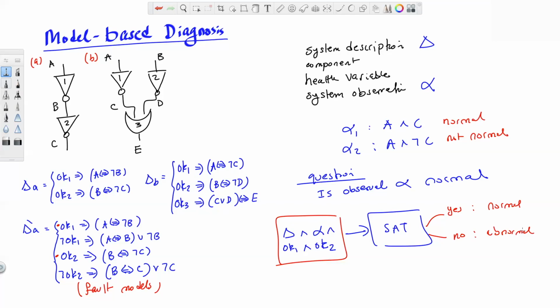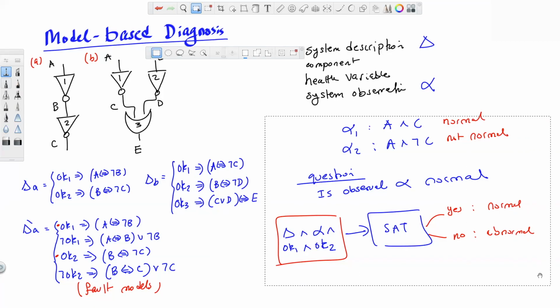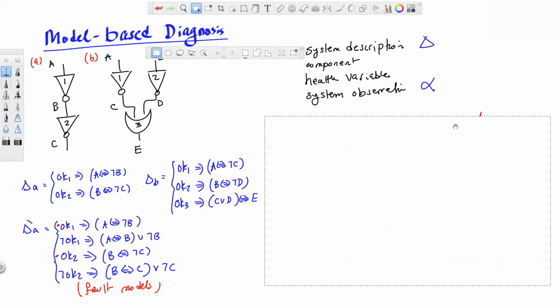We're interested in something a little bit more subtle. I'm going to ask you a question about the second system, which is a little bit more involved. And this is going to be an abnormal behavior. I'm telling you up front, it will be abnormal.